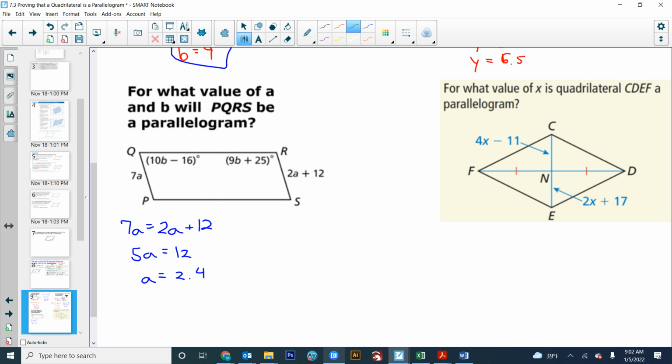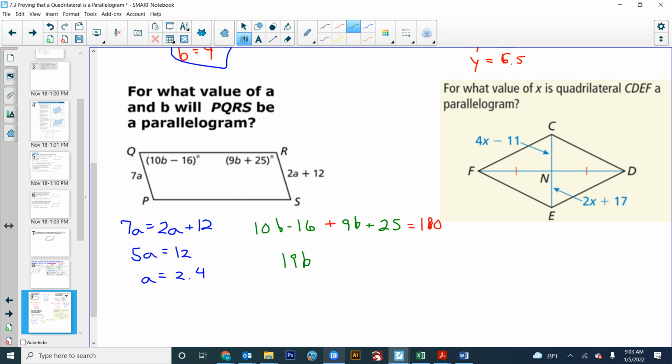And you guys told me that these angles, 10b minus 16 and 9b plus 25, need to add up to equal 180 degrees. 10b and 9b make 19b.